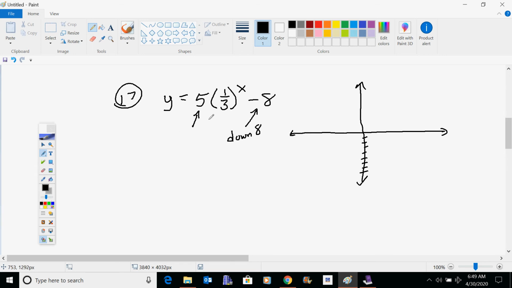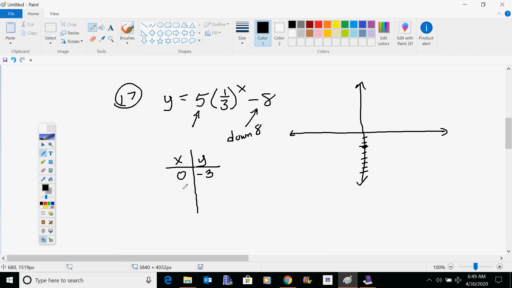And if you don't like that because this thing out here really messes you up, you can always find your y-intercept by plugging a 0 in. So 5 times 1 minus 8 gives you -3. So in other words, it would have been at 5, but then it moved down 8 to -3. And then you can pick one other point.